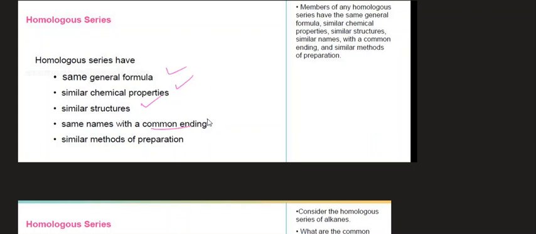Then they have a common ending. For instance, methane, ethane, propane, butane, pentane, ethene, propene, butene. So likewise, they have a common suffix and they have similar methods of preparation also.